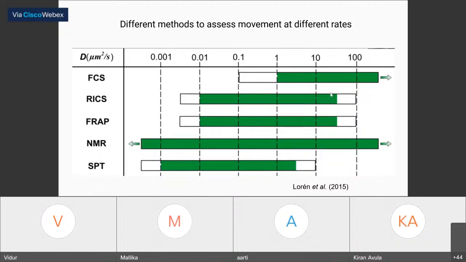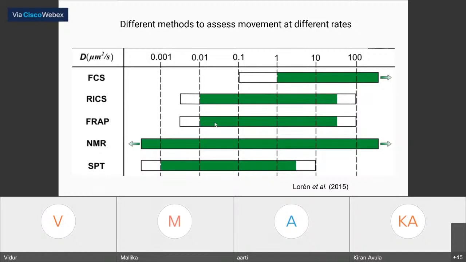The second, which increases the width over which we can resolve the diffusion coefficient, is RICS, which is raster image correlation spectroscopy, which requires a CCD camera and basically correlates the movement of molecules from one pixel to the second pixel across the camera.